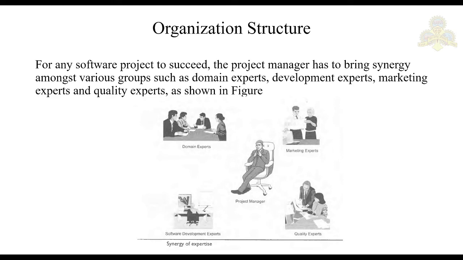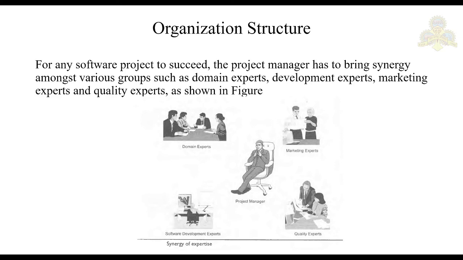The project manager may suppress the quality experts' findings and release the product. So the flat structure is recommended, meaning there is no hierarchy. In the traditional one, the project manager is supreme, and under him we have development and testing teams. There should not be this hierarchical structure.